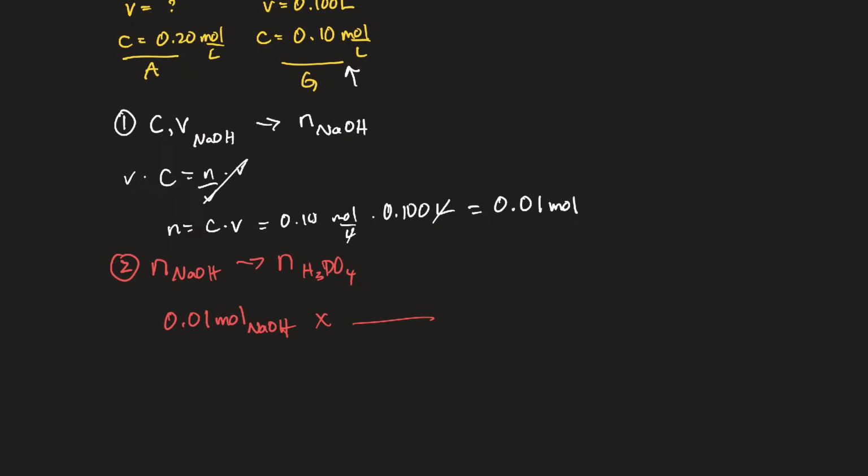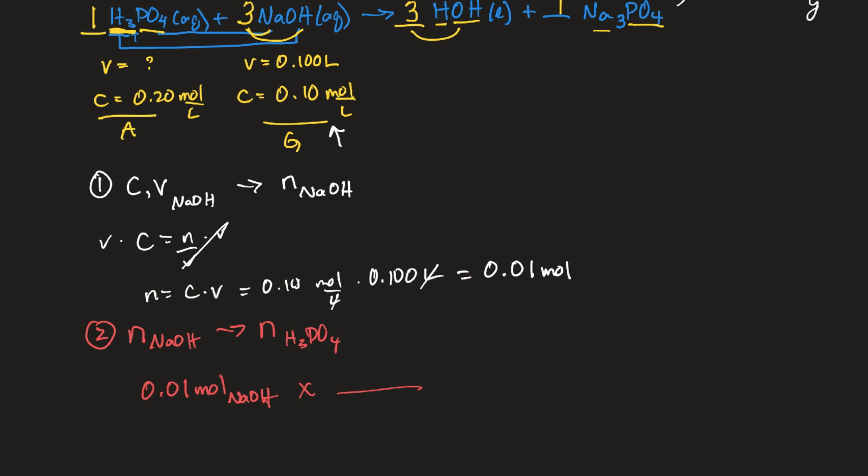Oh, I need the formula for that. There it is there. So moles of sodium hydroxide go on the bottom. 3 moles sodium hydroxide, because those will cancel. And my moles of phosphoric acid go on the top. And there's 1 there. So I take that number and divide it by 3.